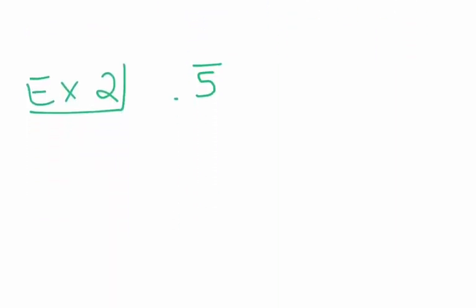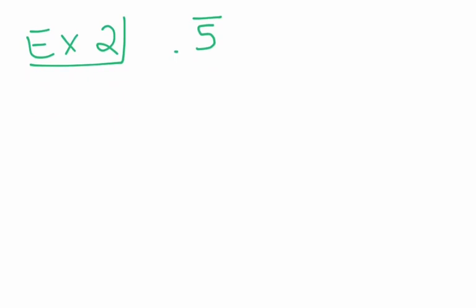Now, for our second example, this one is not a terminating decimal. This is a repeating decimal. It has that repeating bar over it. We approach it in much the same way, though. 0.5 repeating starts repeating at the tenths place. So our numerator is 5, which we get from our decimal, over 10.